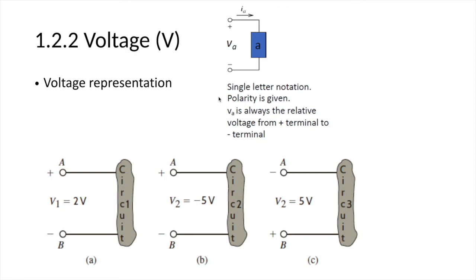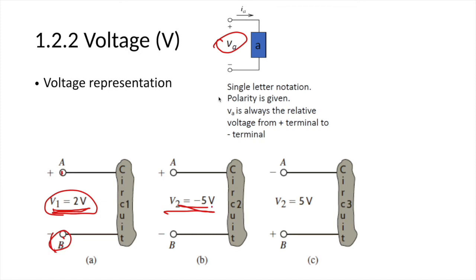Let's take a look at the voltage representation. Here we have V1. The V here is always the relative voltage from the positive terminal to the negative terminal, so V1 equals 2 volts, which means that the voltage at point A is 2 volts higher than the voltage at point B. But here V2 equals negative 5 volts.